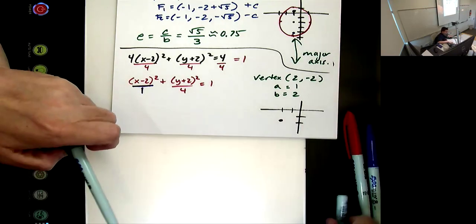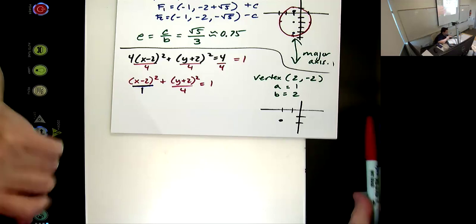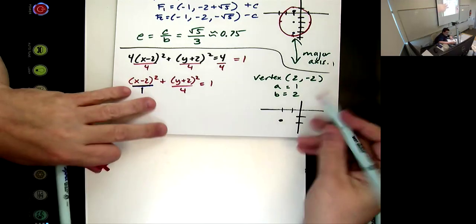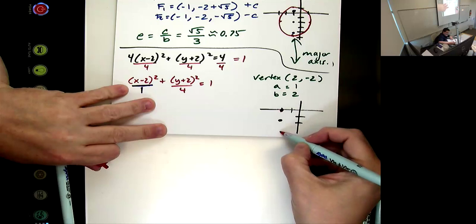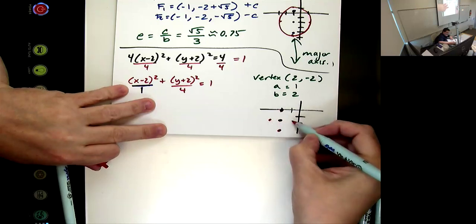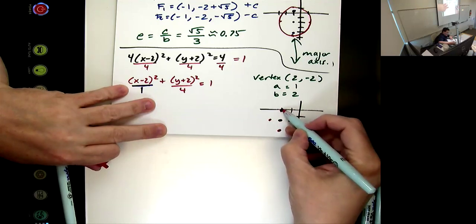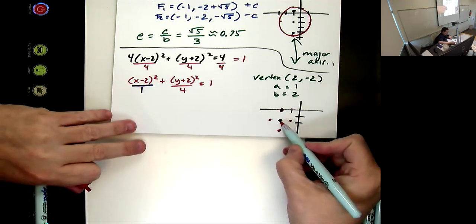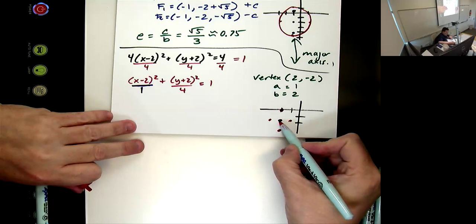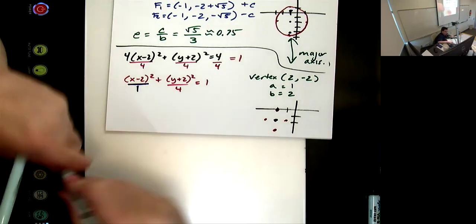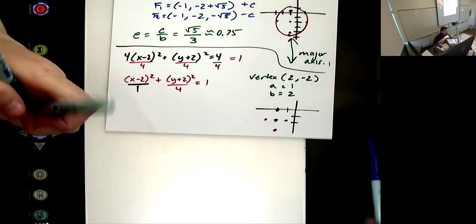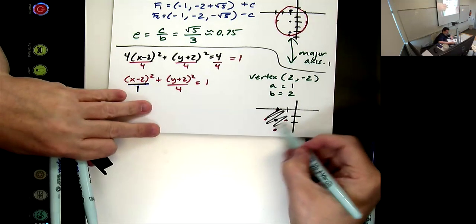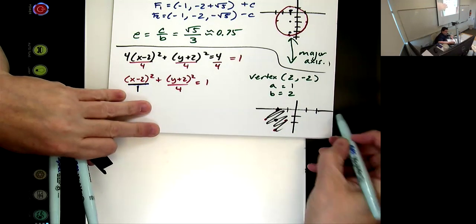Oh, this sucks. I picked 2 examples that have up and down. Yeah, it's 2, negative 2. Wrong side, thank you.